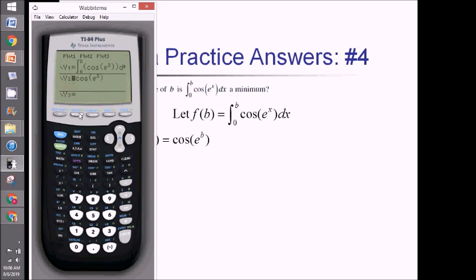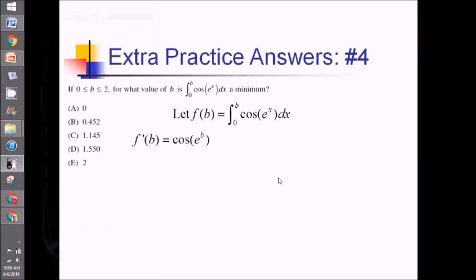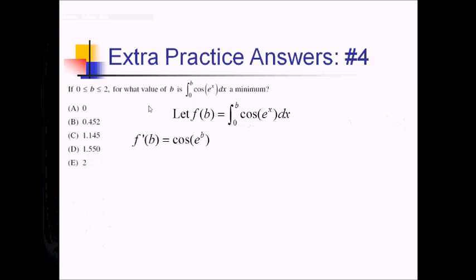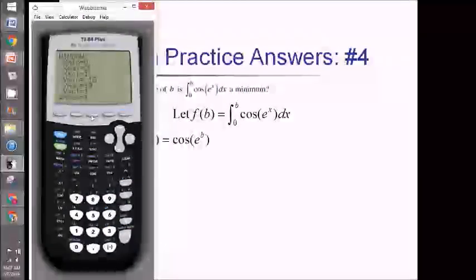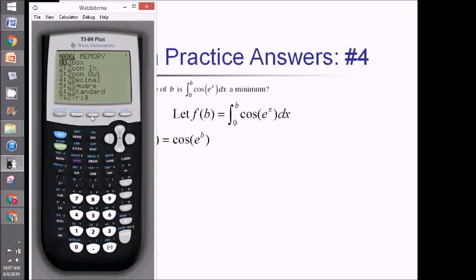I'm also going to go to Window to make my life easier, and make my interval from 0 to 2 because that's the only place we need to look based on what the problem told us. All right, so let's do zoom and then 0, zoom fit, to see what this derivative looks like.